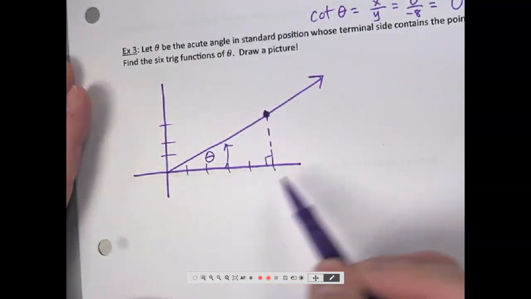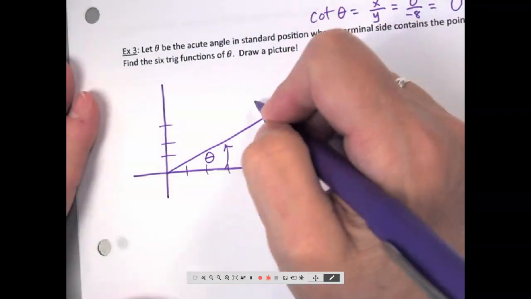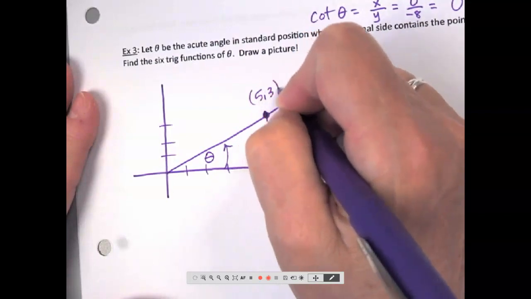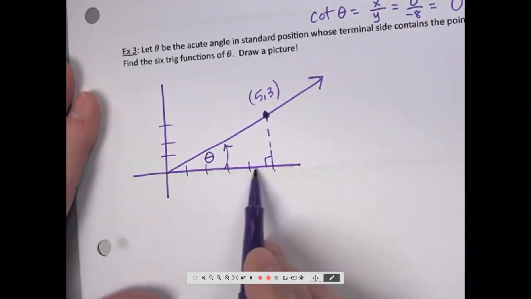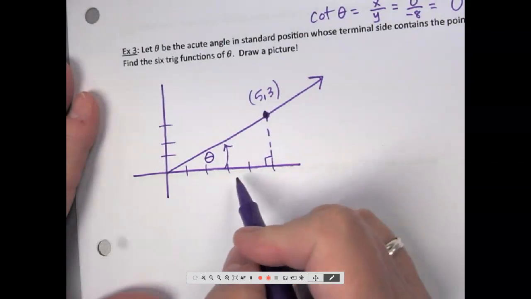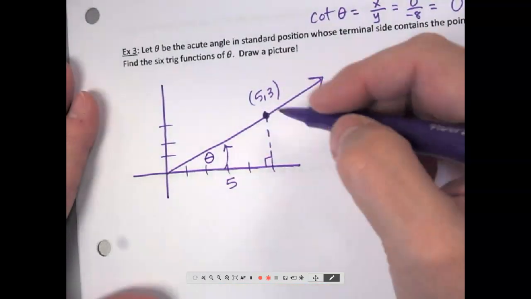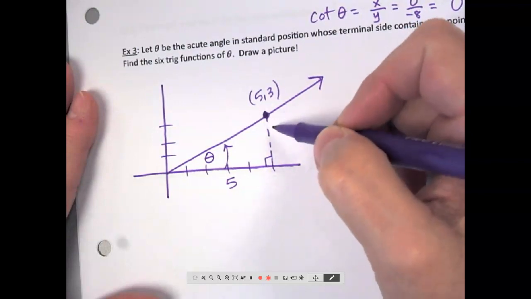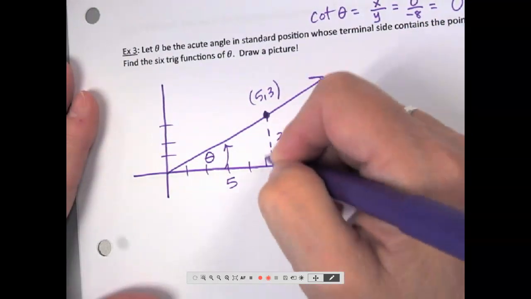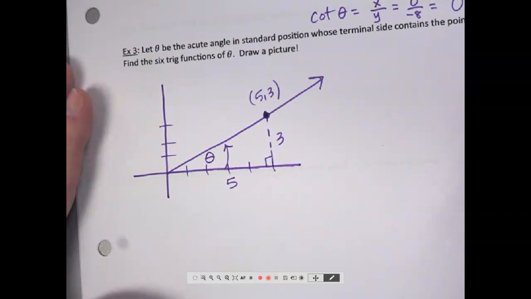So I've made a right triangle. If this ordered pair is (5, 3), what's the length of this side? 5, because I went right 5 to get to that point. What's the height of this leg over here? 3, because I went up 3 to get to that ordered pair.